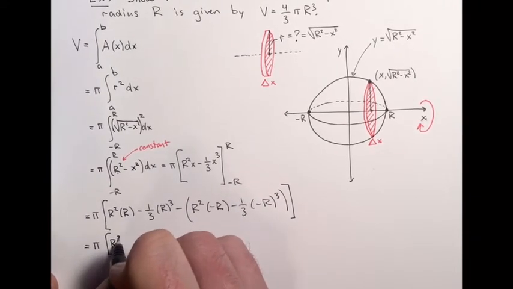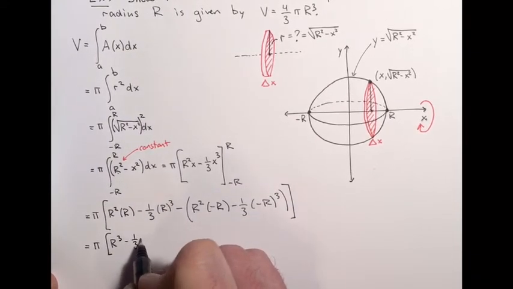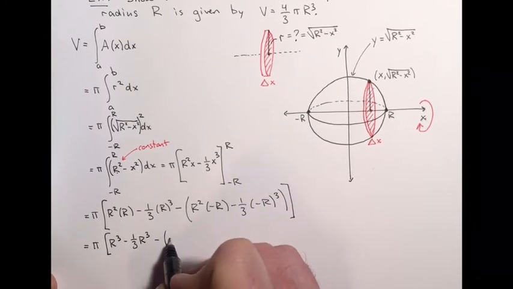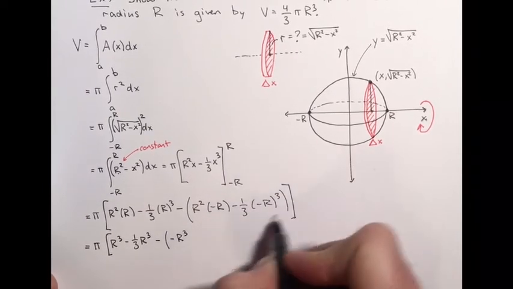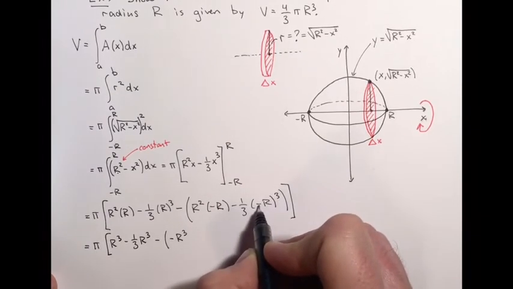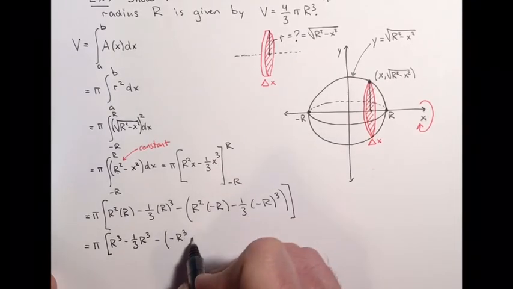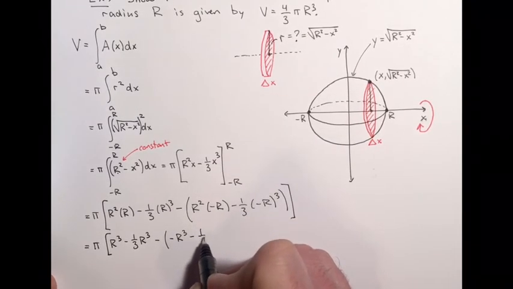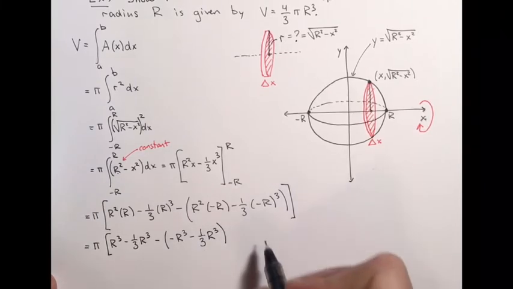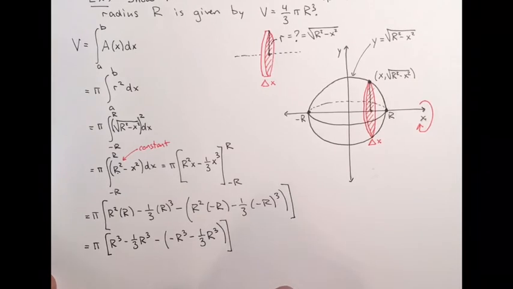And we get r to the power of 3 minus 1/3 r to the power of 3 minus, here we have negative r to the power of 3. Here, this is negative r to the power of 3. It's still going to be negative. However, here we end up with a double negative, and then we have another one over here, so we get actually just minus 1/3 r to the power of 3. And now we're going to simplify this whole thing altogether.